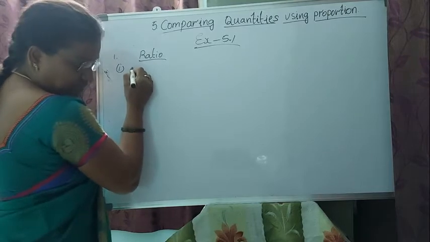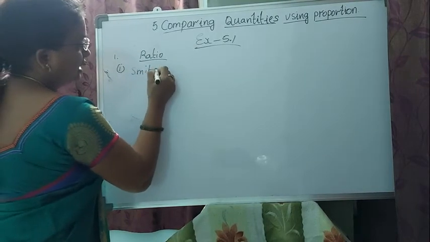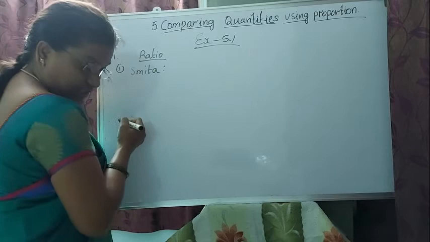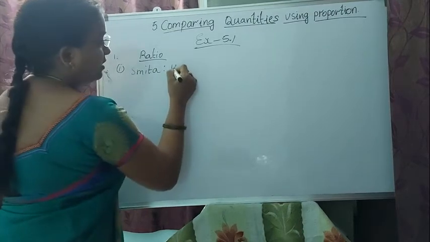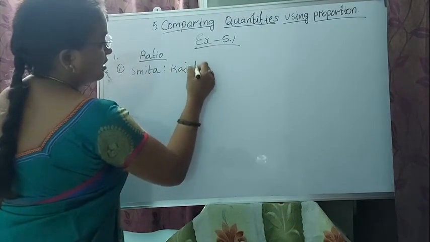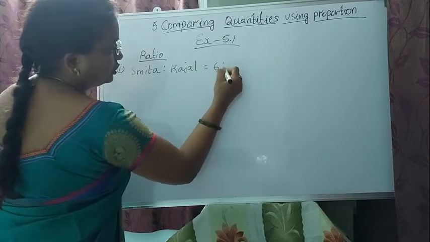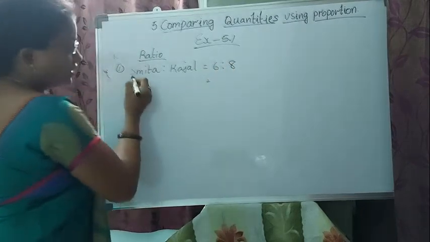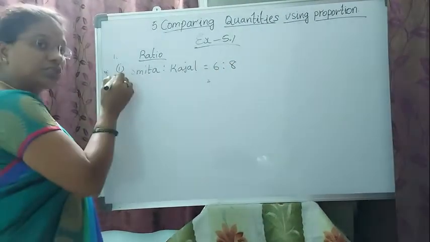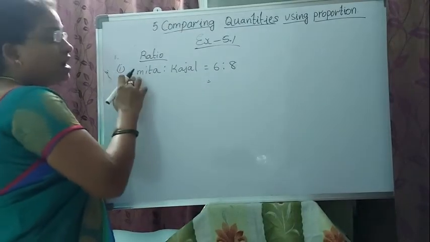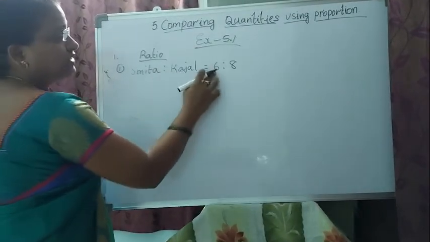Smita is to Kajal. Their working hours: 6 is to 8. See, first they told Smita, so you have to write Smita first. You should not change the order. Smita is to Kajal is 6 is to 8.